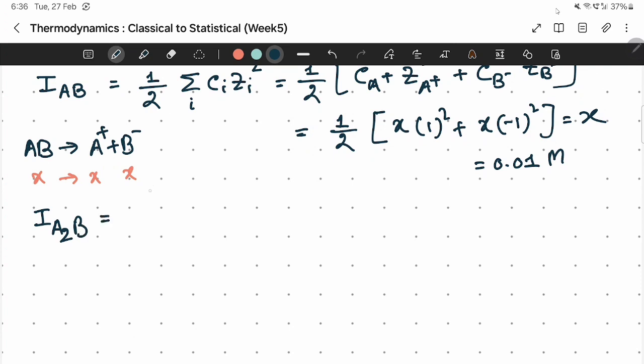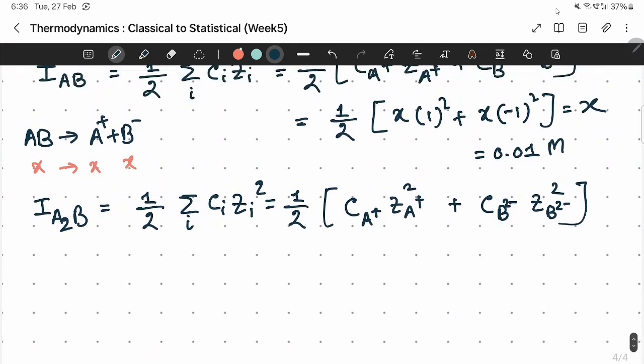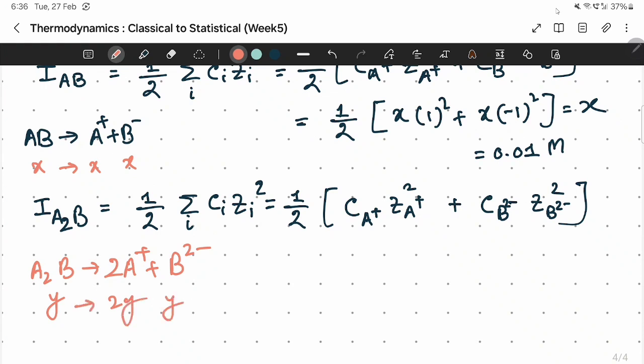In a similar way, you can write for A2B. Here A2B will dissolve into 2A plus and B2 minus. Let's say the concentration is y, then A plus is 2y and B2 minus is y.